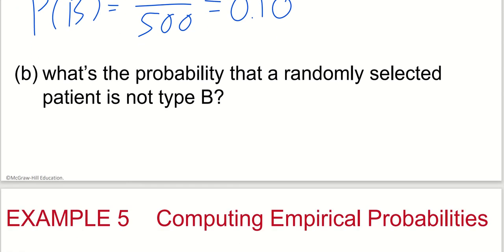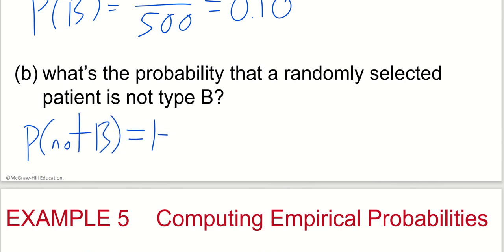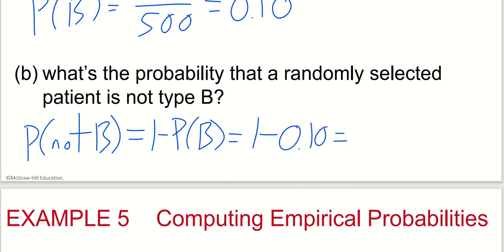If we wanted the probability of not B, the easiest way to find this is using the rule of the complement. We could just use 1 minus the probability of B that we got from above. This would be 1 minus 0.10, which gives us a probability of 0.90.